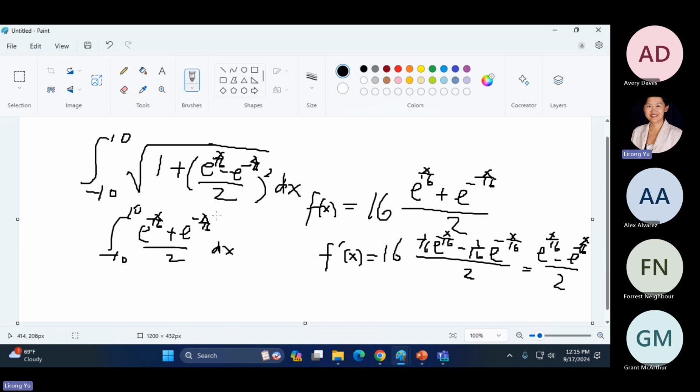That should be the required calculation. The only thing that changed is x over 16. And then when you find the antiderivative, you have to multiply this. So the antiderivative of this one is e to the x over 16 divided by 1 over 16. Like you said, if you feel like this is difficult, you can do a change of variable. I think we can do it without changing.